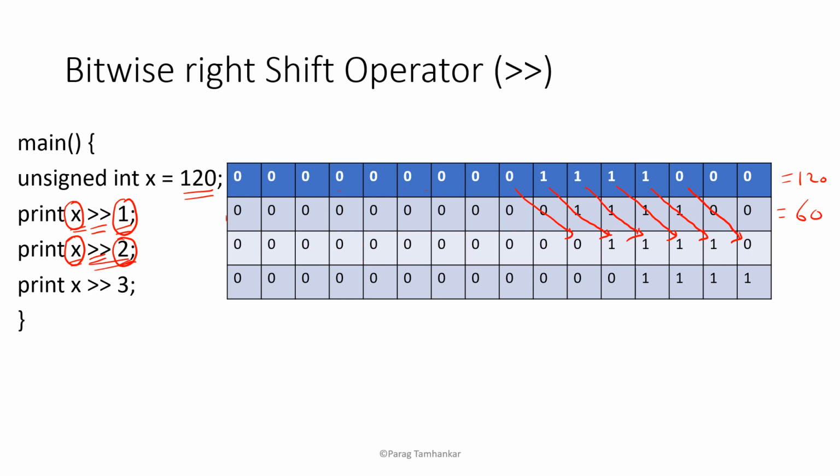Eventually we will have two blank spaces, and these two blank spaces will be filled in by 0. Each bit is shifted to the right by two positions, and blanks will be filled by 0.